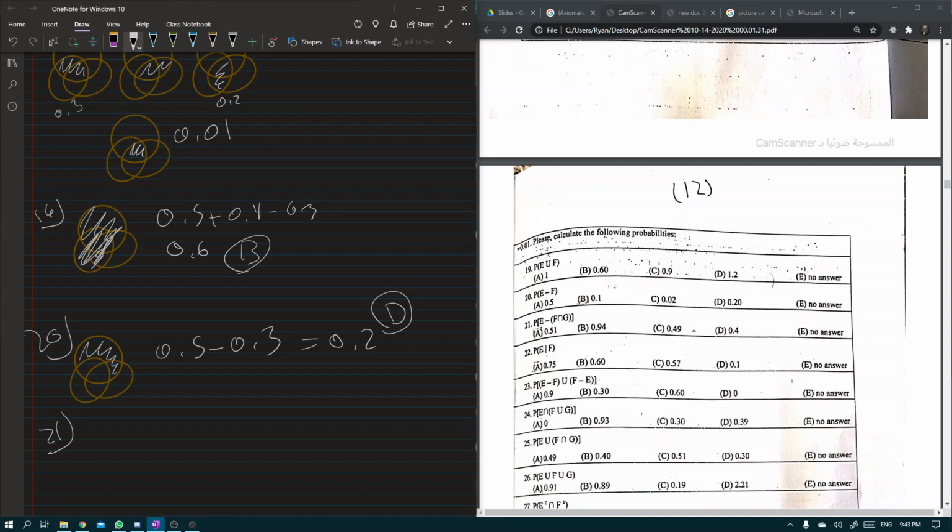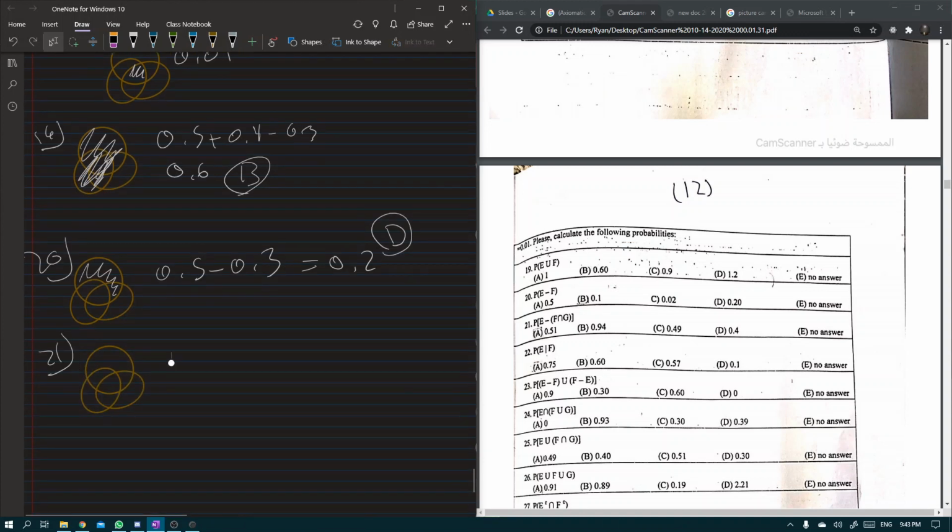E without F intersection G. This is the intersection. This is without the intersection.